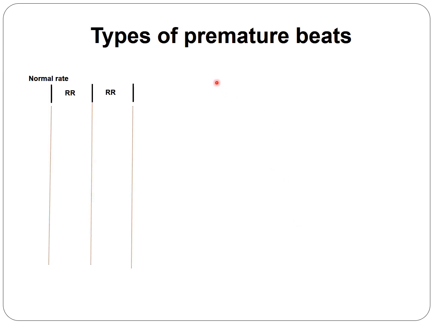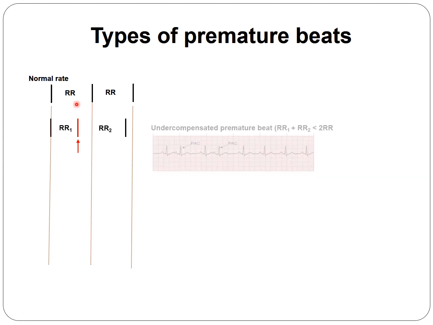By looking at the types of premature beats, we can have, as you see here, an early coming beat followed by a compensatory pause, but this pause could not fully compensate the early coming beat, so that is called an undercompensated premature beat, when the coupling time and the compensatory pause together are not as long as twice a regular cycle.